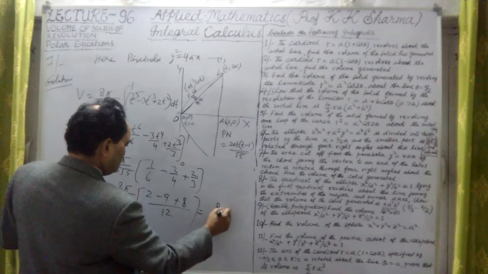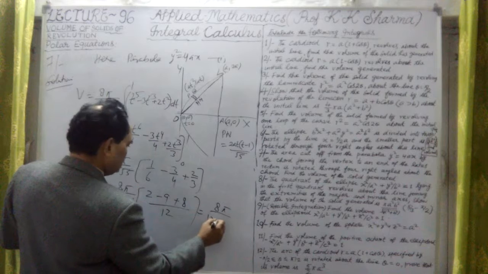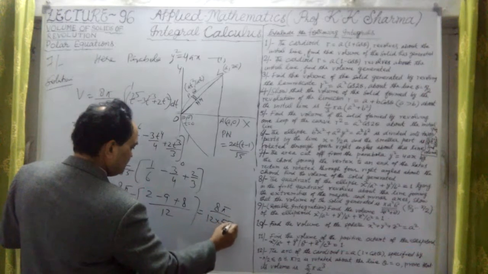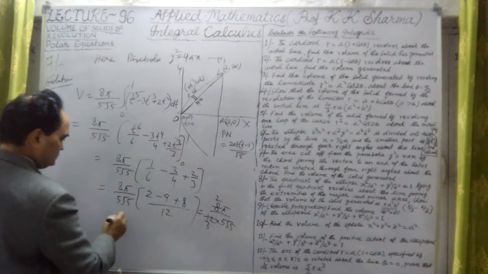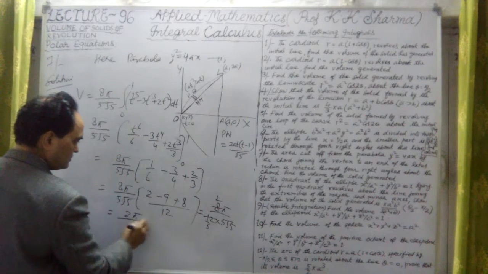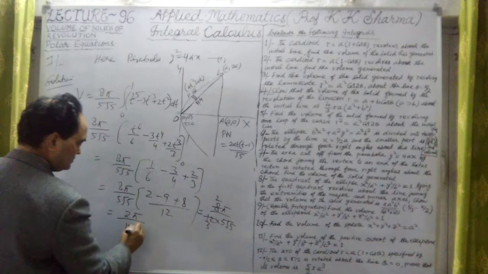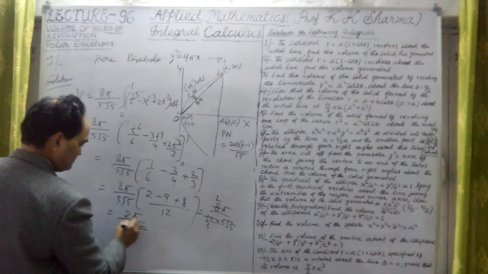It is 8π upon 12 into 5√5. 4 2s are 8, 4 3s are 12. It is 2π upon 15√5.